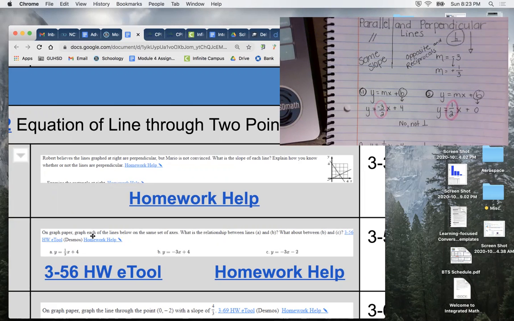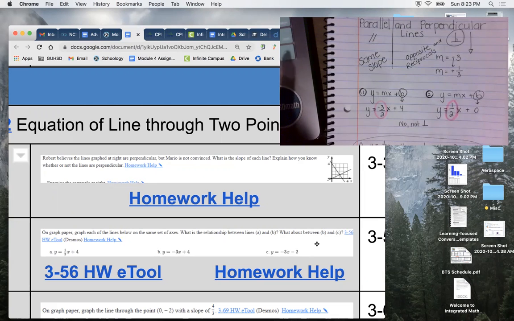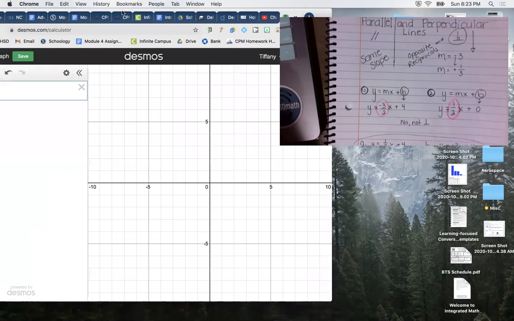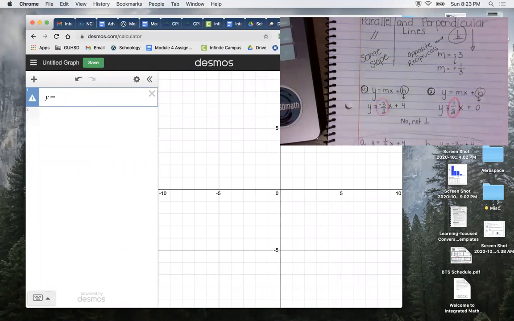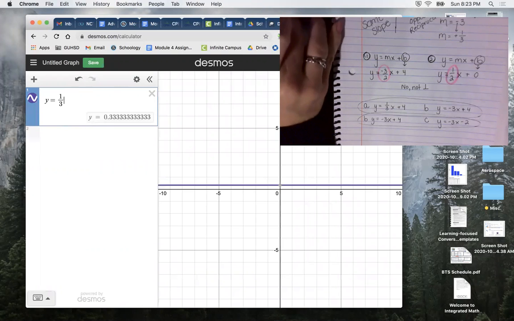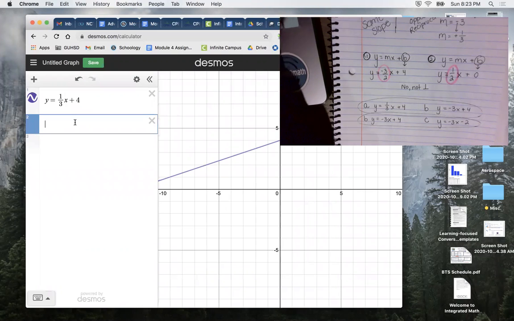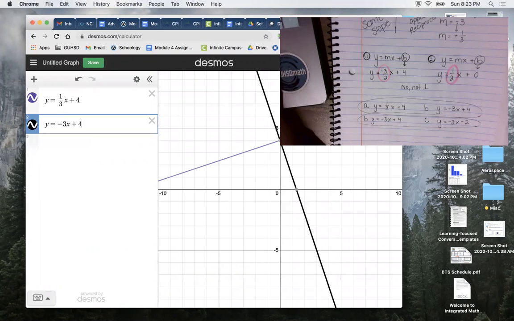You guys might already see the relationship between them just by comparing the slopes, but I want you to visually see it, and then you'll put the visual into your work there. So I'm going to go over to Desmos, and I'm going to graph the first 2. I have y is equal to 1 divided by 3x plus 4. Then my second line is y is equal to negative 3x plus 4.